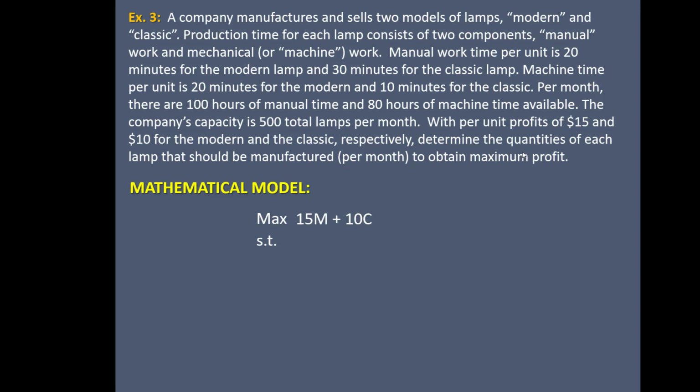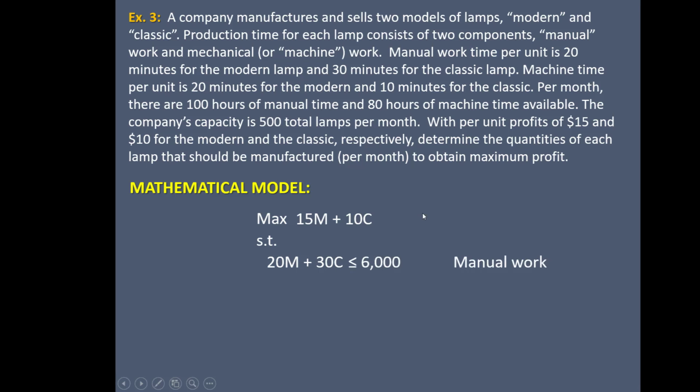As I go to create my constraints, I need to make sure that if I am describing this time in minutes, as is pointed out in the question, manual work time takes 20 minutes for the modern lamp and 30 minutes for the classic lamp. But now when I create the right-hand side of that equation, because this was expressed in minutes, that right-hand side better be expressed in minutes.